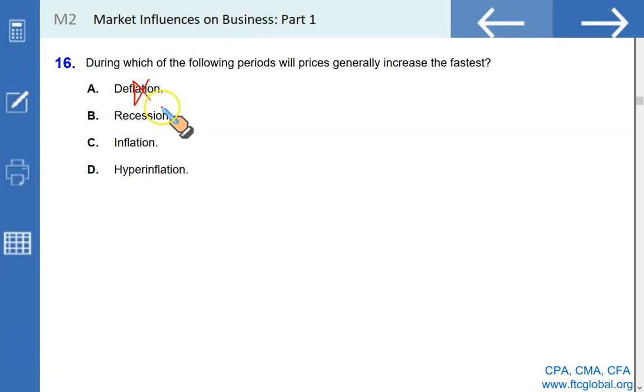That's what you call recession. And this is not what we're looking for. Inflation, on the other hand, is an increase in prices over a period of time. Hyperinflation occurs when there is a very steep increase in price levels. So that makes D the correct option.